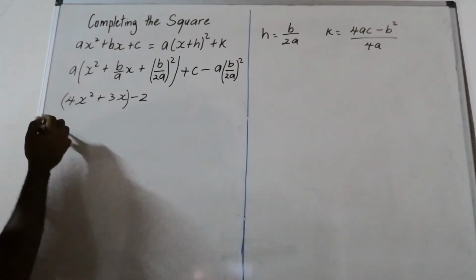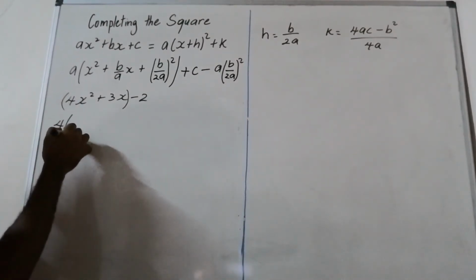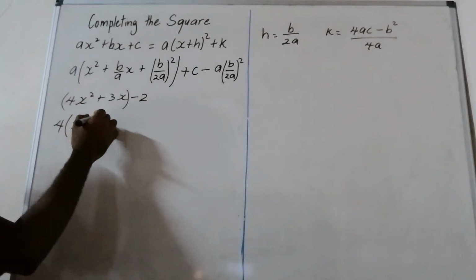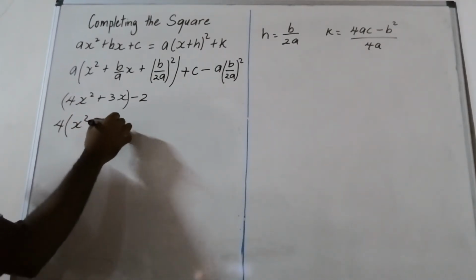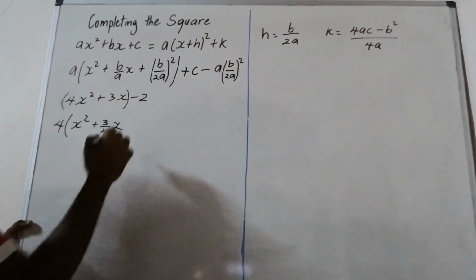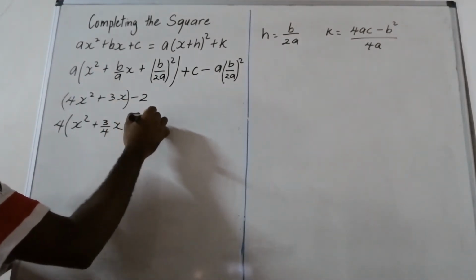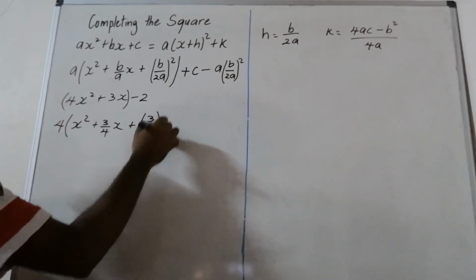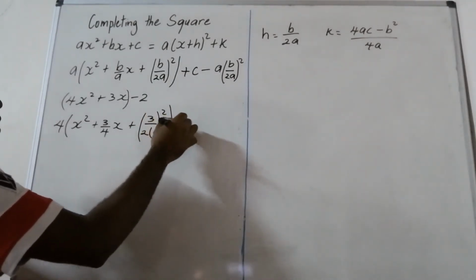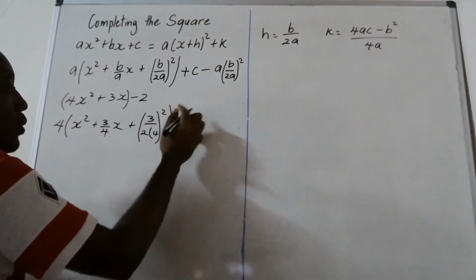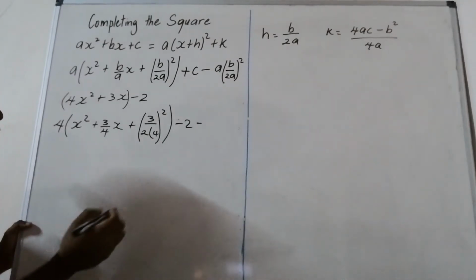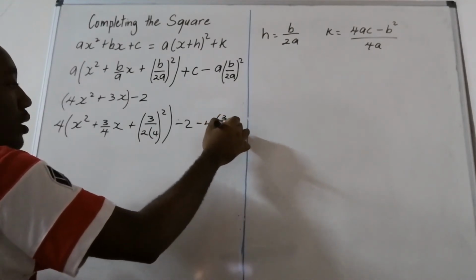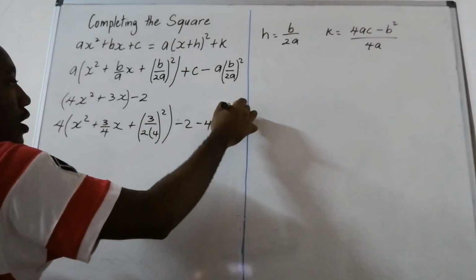To rewrite that, we first factor out our 4, and we're left with x squared plus b, which is 3, so plus 3 over 4 x, because a is 4. Then x plus b, which is 3 over 2 times 4, all squared, plus c, which is negative 2, so minus 2, minus 4 times 3 over 2 times 4 all squared.